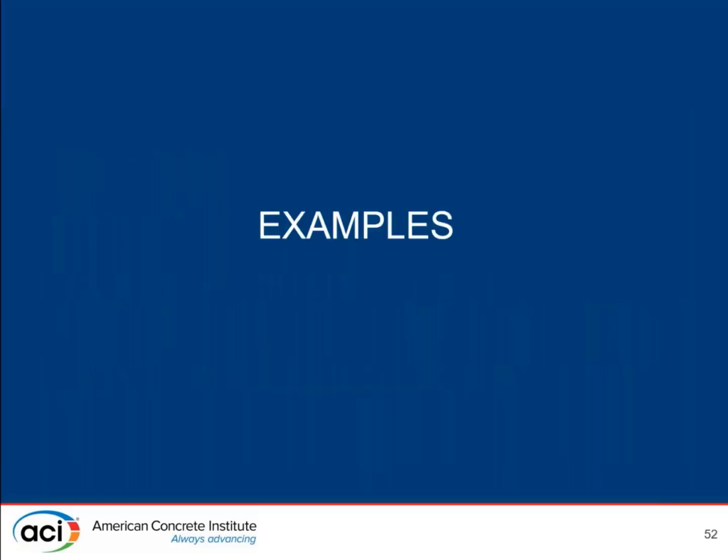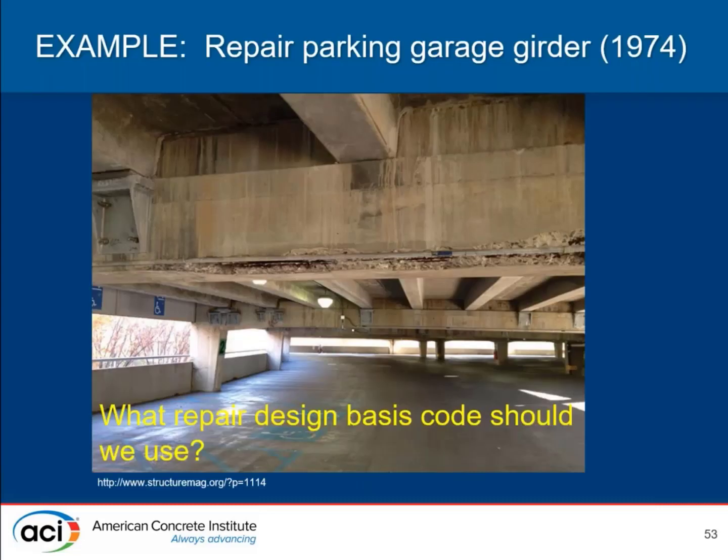So we have some examples here. Here, for example, is a repair of a parking garage girder. The garage was constructed in 1974. You can see there's a little bit of distress there. So the question is, what design basis code should we use to assess and, if necessary, rehabilitate this structure?